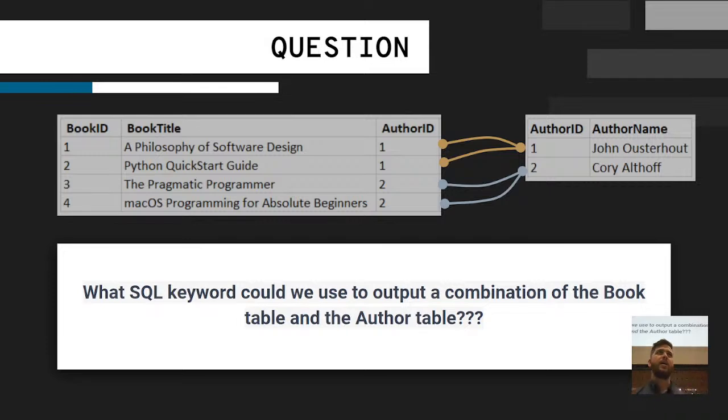Exactly. So we'd use a join, whether it's a left join or a right join or whatever join we choose, probably a left join. I think we use them most of the time. So yeah, we could do something like select everything from table A and then join the data on table B where author ID equals author ID, something like that. And that would match them up together and we'd be able to print them out.